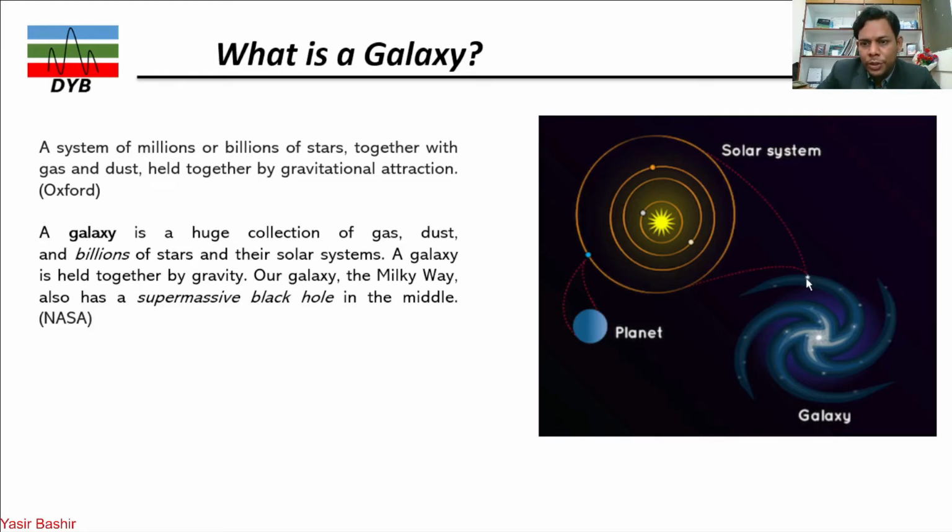The whole solar system exists at this point, and this star, which appears static, is our Sun, and the planet we live on, Earth, is over here as a small dot in the solar system.